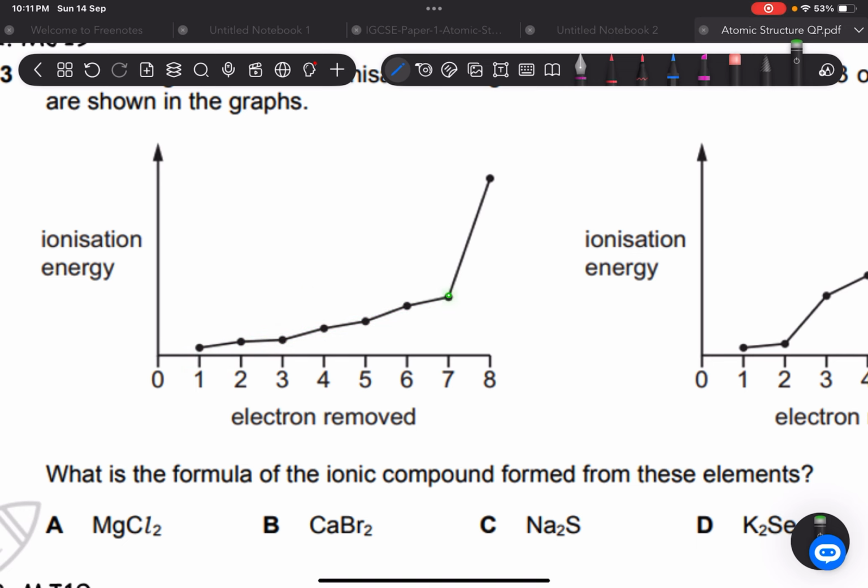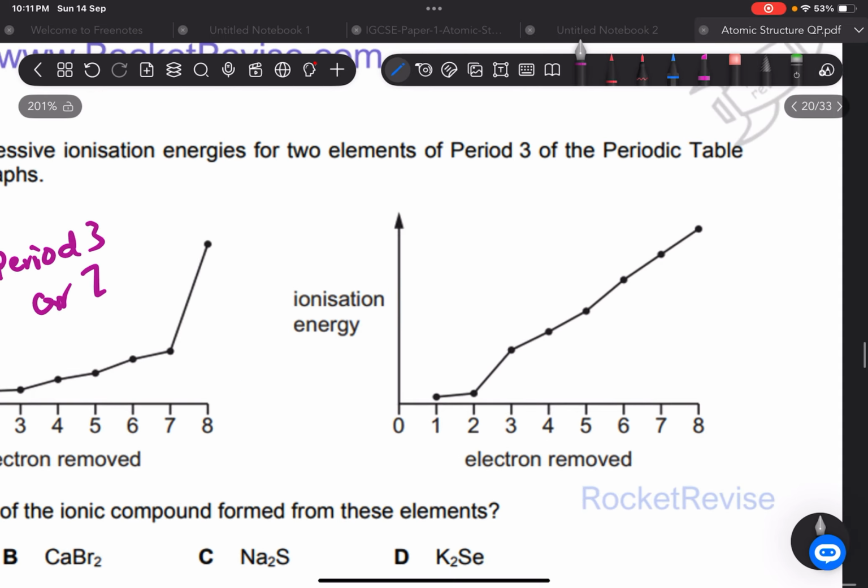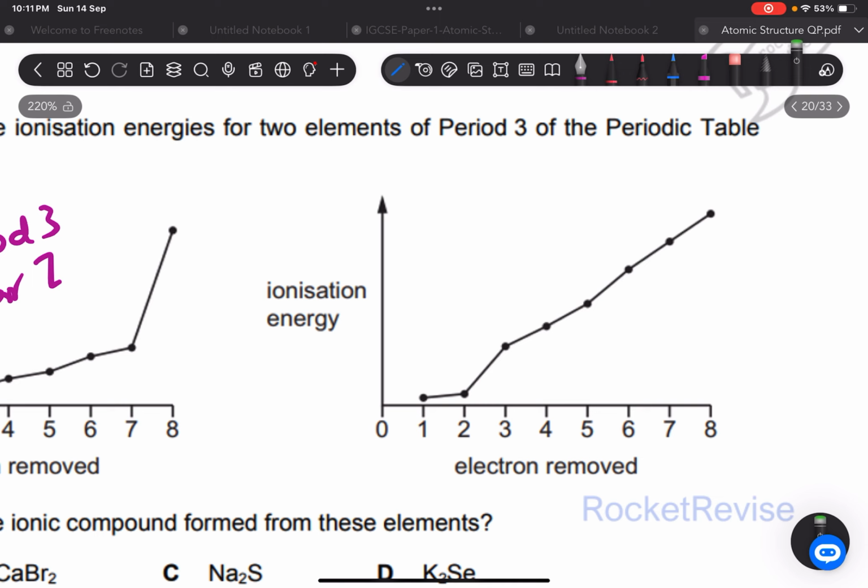Because these 7 electrons are being removed from the last shell, and this 8th electron is being removed from an inner shell. That's why it has a higher ionization energy. So straight away I know this is period 3, which they told me, and group 7. For this I know that there's a big jump over here. So though they told me that this is period 3, I know it is group 2.